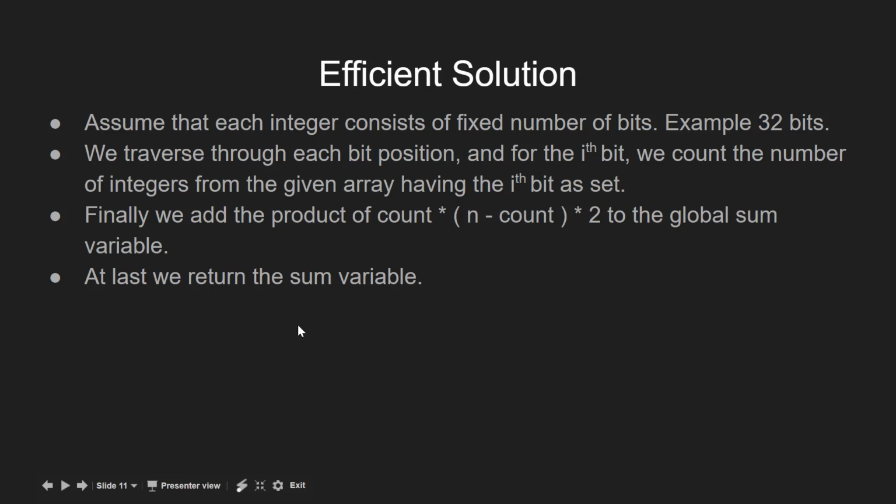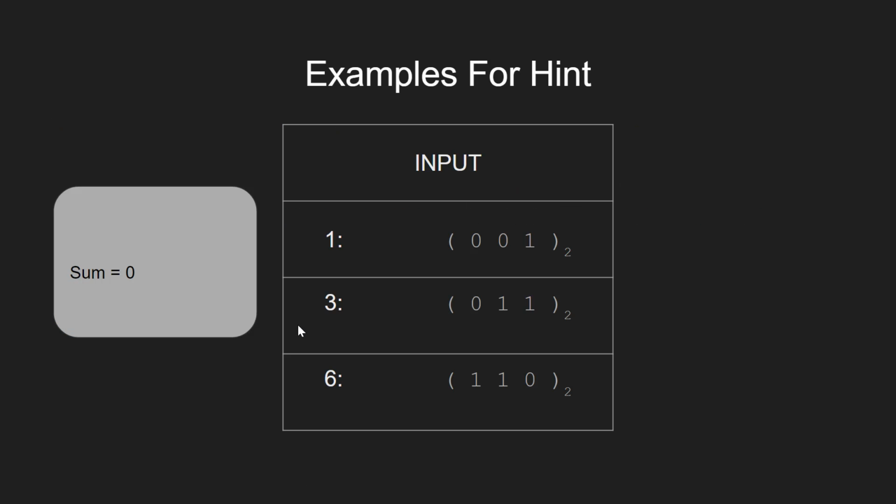To make this more clear, let's take the same example again. Here, the binary representations of 1, 3 and 6 are shown and the fixed bit length is assumed to be 3. Initially, the sum variable is set to 0. Now, we first check the least significant bit and look for the integers having LSB as set.